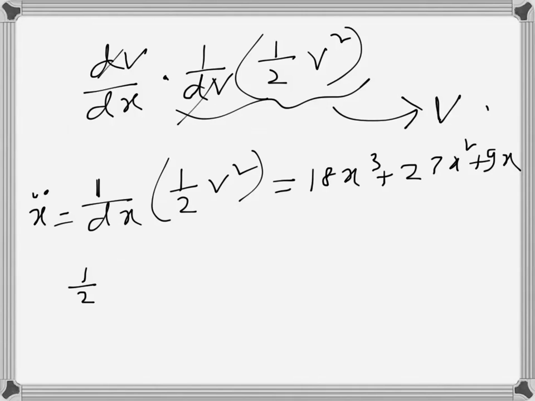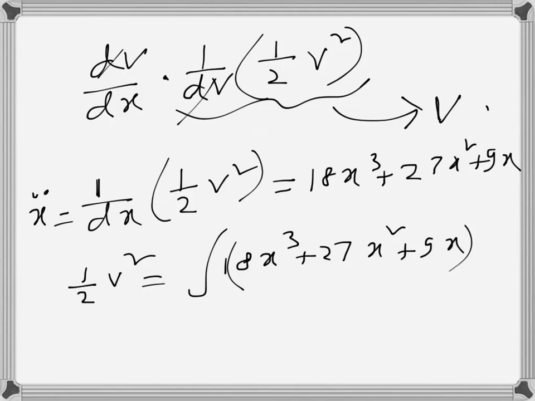So we can write half v squared as the integration of this one, 18x cubed plus 27x squared plus 9x dx.